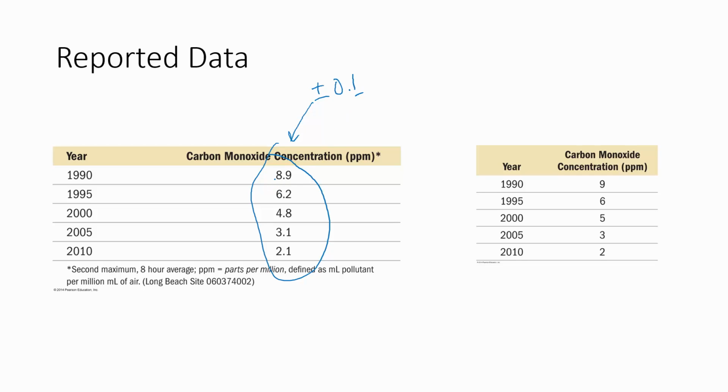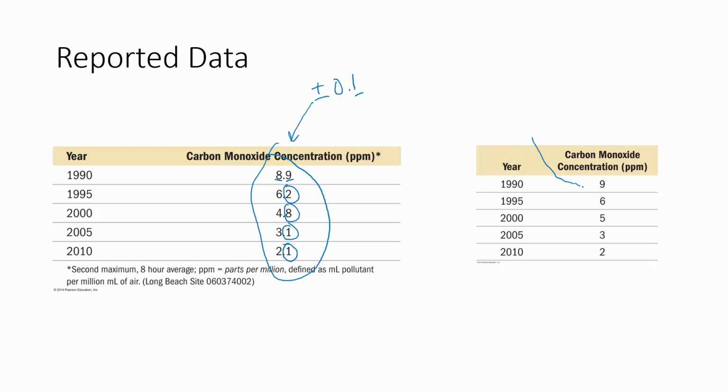So that means that we know the 8 for sure in this first row, and the 9 fairly sure, but it's a little bit of an estimate, or we're a little uncertain of that last digit. It's plus or minus 1 in that particular column. So all of these numbers have about the same level of reliability. They're all reliable within plus or minus 1 in the tenths place.